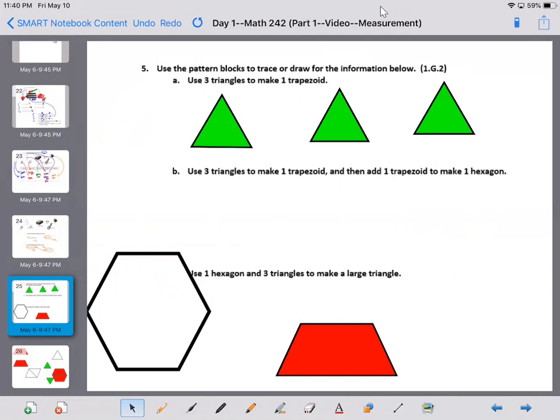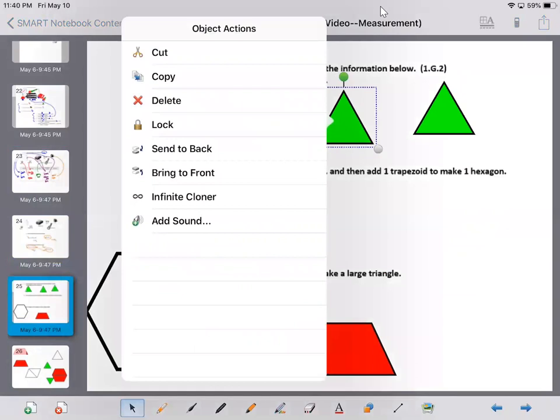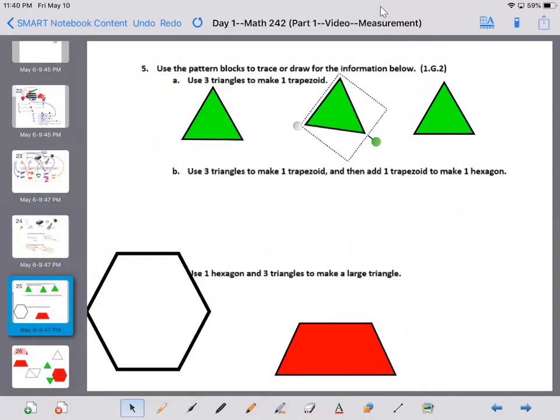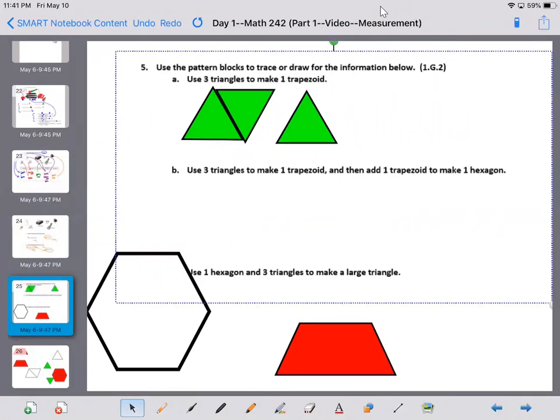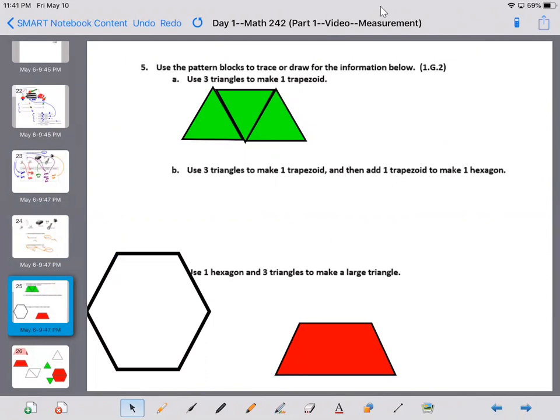And it may be helpful if they see how they can place that on top of, and may have to rotate a little bit. And then they can piece those together and see that the 3 triangles do make the same shape as the trapezoid.